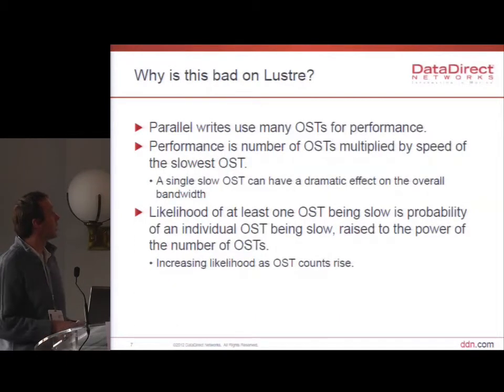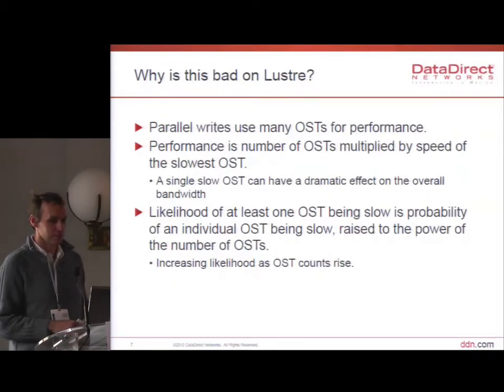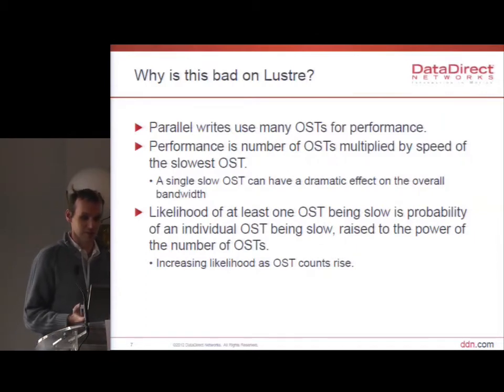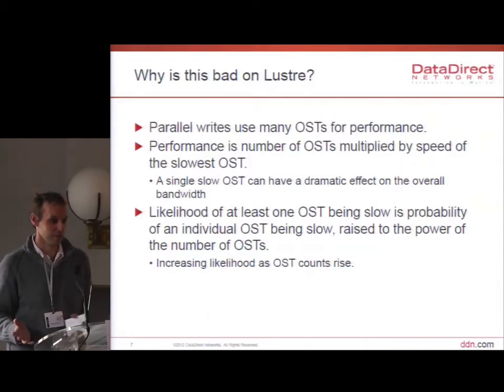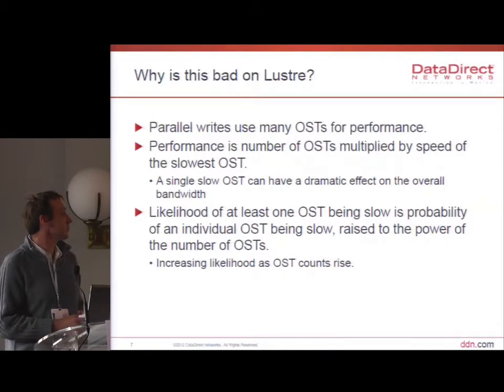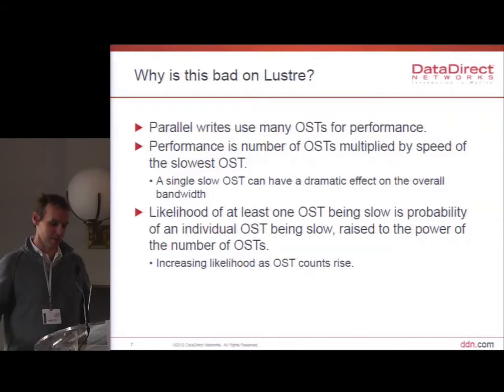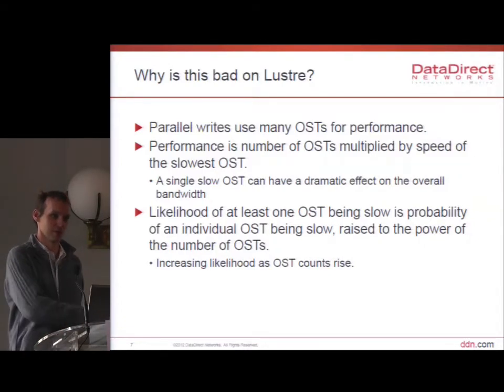So, why does it become an issue on Lustre? Well, Lustre doesn't just use one OST. If it did, you wouldn't be using Lustre. Lustre uses many OSTs. You get lots of performance by taking lots of OSTs and adding them all together. I made the mistake there: you don't add them all together. When you have lots of OSTs, the performance is not the sum of the performance of the OSTs.